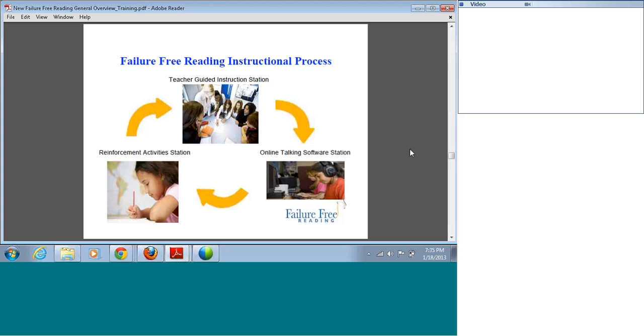So don't be overwhelmed or intimidated by those numbers, but if we had the ideal scenario in a perfect world, the students would be going through this process 20 minutes a day for each station. So 20 minutes scripted lesson, 20 minutes on the computer, and 20 minutes of reinforcement activities, and they would do that Monday through Friday. They would do that 5 days a week.